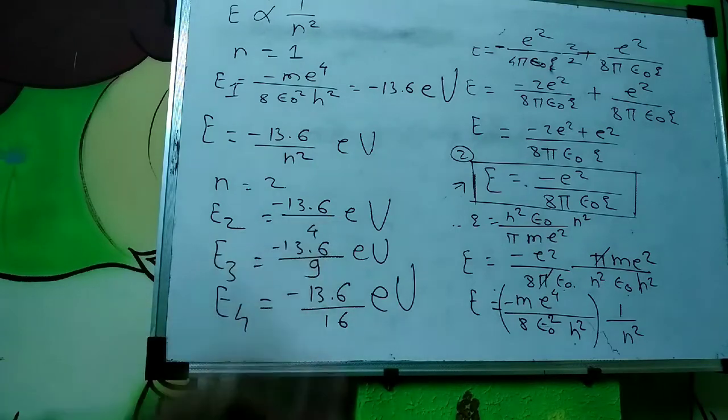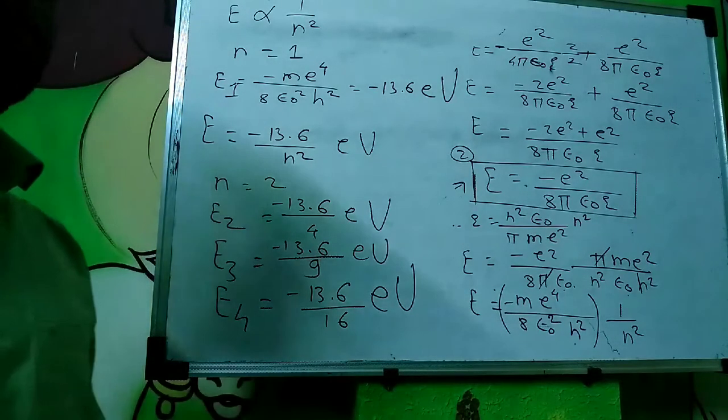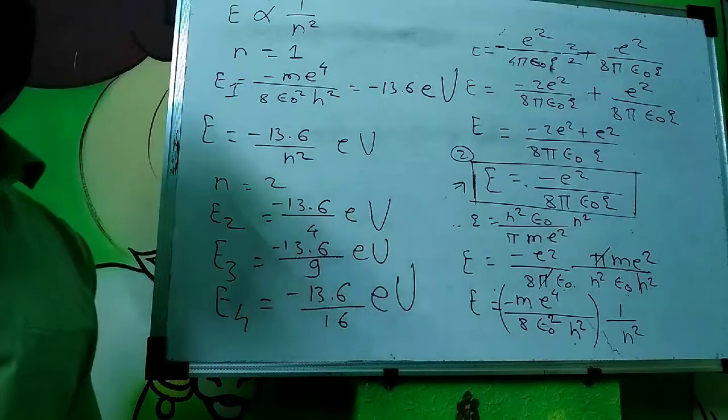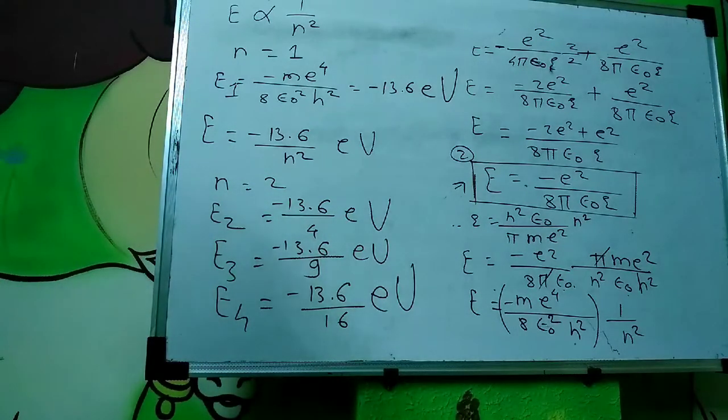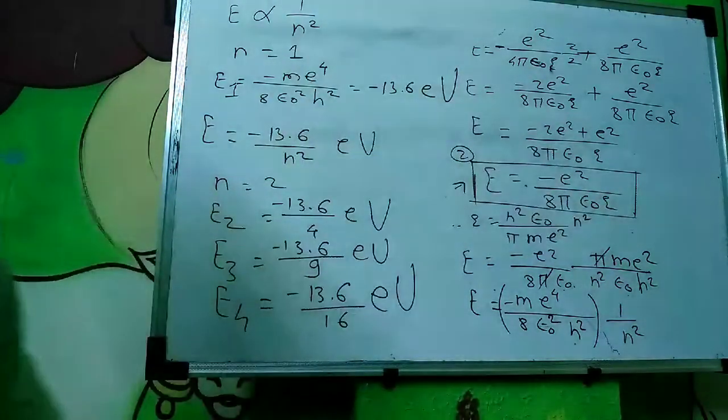Now this energy is also called the binding energy of the orbit, or the ionization energy. Why is this called the binding energy? Because if you want to separate the electron from the orbit, or take the electron outside the orbit, then we need to apply at minimum this energy or greater than this energy.